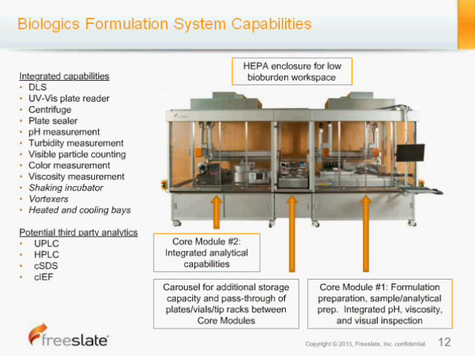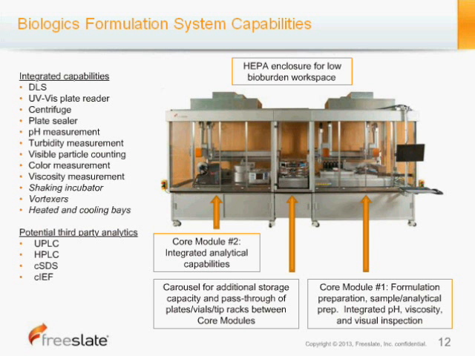And then we also have a carousel that can be used to provide additional storage capacity and move things from one robot to the other. And then on the left side, we have core module 2, which has the integrated analytical capabilities. In the next slide, I'll show you a little more specifics about that. But basically, there are many different methods that can be performed by the different analytical systems on this deck.